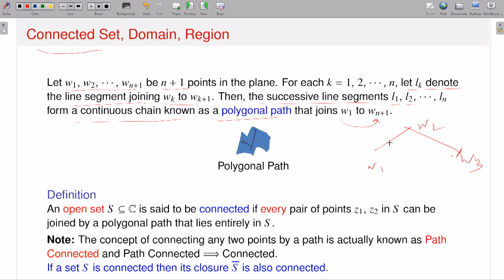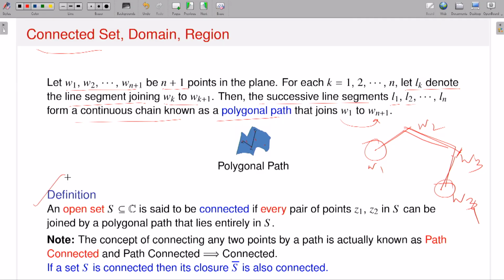So if I have n plus 1 points, then from the point W1 to W2 you have a line segment, W2 to W3 you have a line segment, W3 to W4 you have another line segment. This union of successive line segments is a path joining the point W1 to the point W4. If I have this concept of a polygonal path, then what is the definition of a connected set?